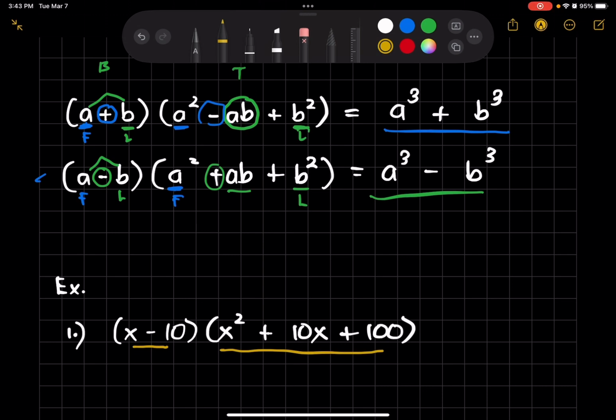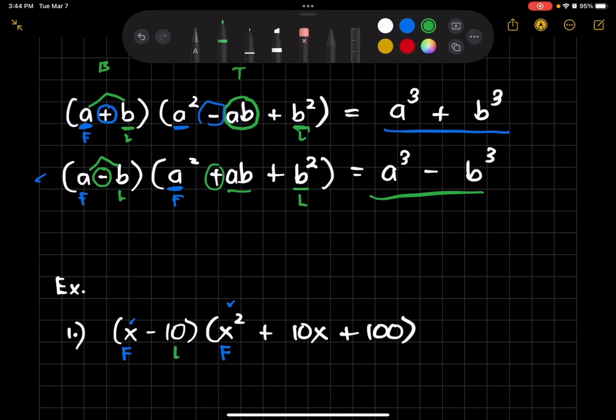Second characteristic, the first term of the binomial, kailangan naka-squared siya sa first term in the trinomial. So, check siya doon. Kasi naka-squared. And similar dapat sila. Okay. Third characteristic. The last term in the binomial, kailangan naka-squared naman siya dun sa last term ng trinomial.